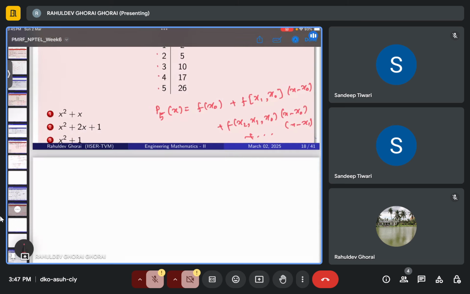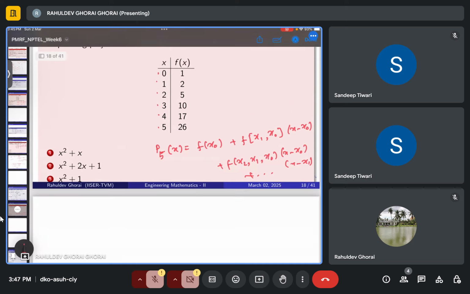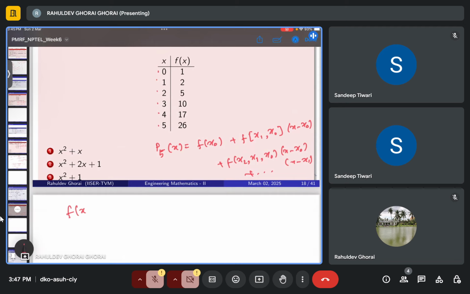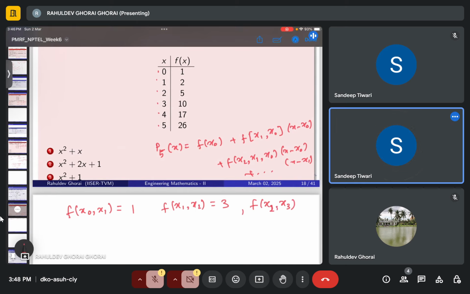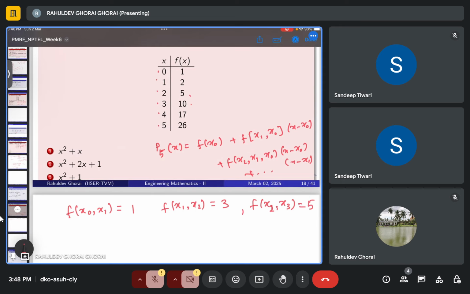a little easier in the sense that when you find f[x0, x1], that will be 2 minus 1, which is 1. f[x1, x2] will be 5 minus 2, which is 3, and f[x2, x3] will be 10 minus 5, which is 5, right?